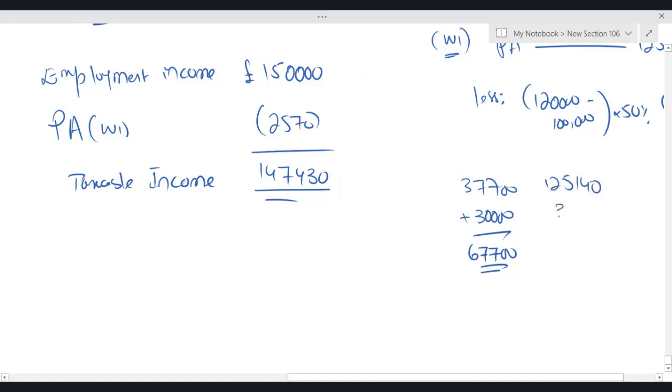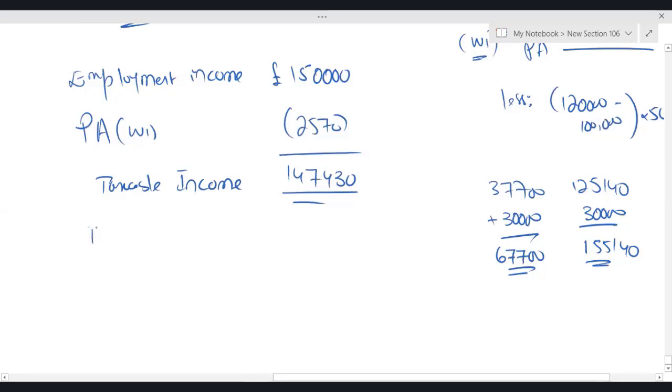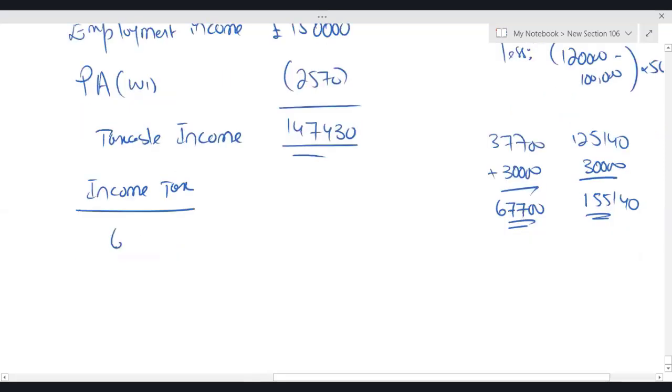The high rate band limit is 1,25,140 plus 30,000. 67,700 into 20% is 13,540.